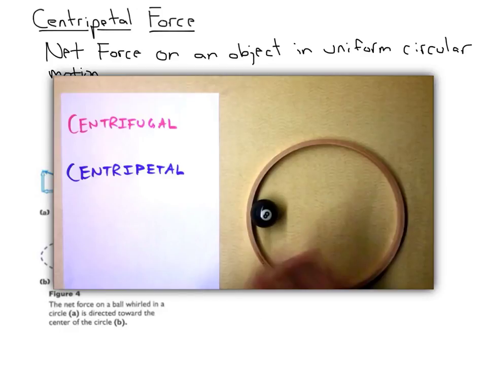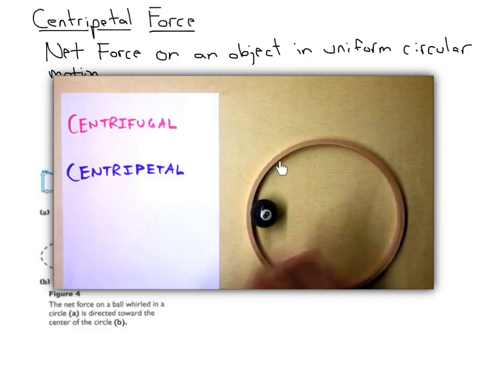All right, one more way I want to illustrate centripetal force to you is I want to show you another situation and see if you can identify the centripetal force. Here we have one of these embroidery rings, which I had a successful or maybe not so successful demo with earlier in the year with inertia, trying to remove the chalk by removing the ring. I pulled the ring this way and the chalk fell down.